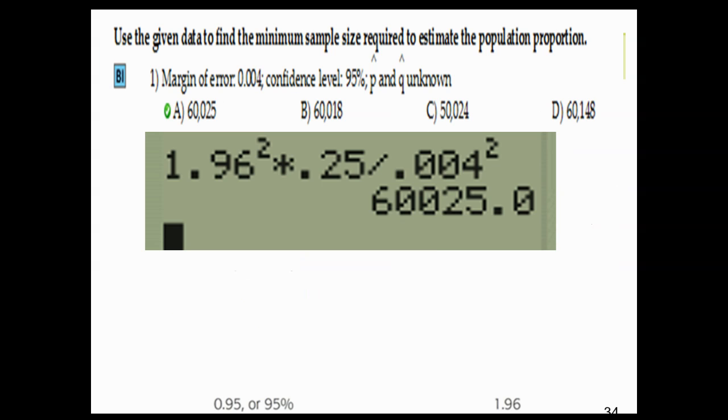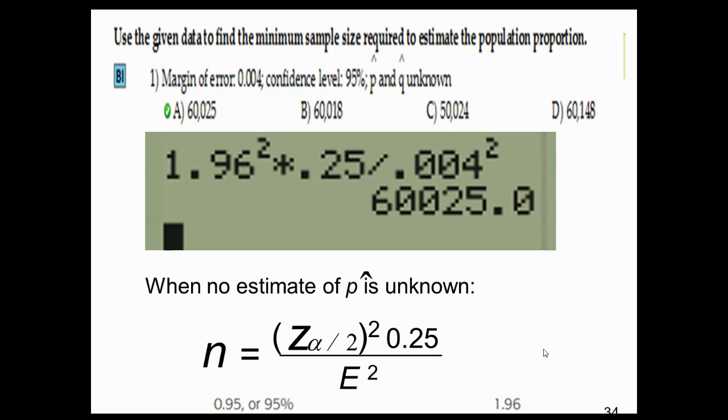All right, so the remaining problems here are just me doing it with the calculator. My margin of error is given to me as 0.004. If I'm missing the formula here, okay, let me put that in so we all see it. I want to be 95% confident. P hat and q hat are unknown.